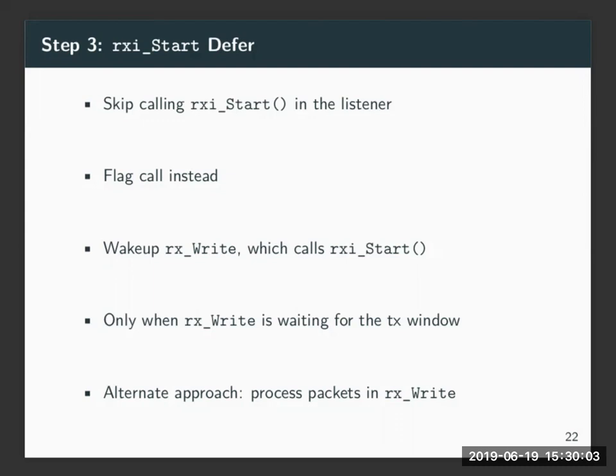And I did try implementing that, but it ended up being slower, probably because it involves more wake-ups, more handing data between two threads. So that can be not very efficient. It also changes how we do the memory management of the packets, because the packets are no longer just in the listener. We kind of hand off the packet to a different thread, so there's more to consider there with the memory management. It's also possible I screwed it up, and I need to look back and see how to fix it.